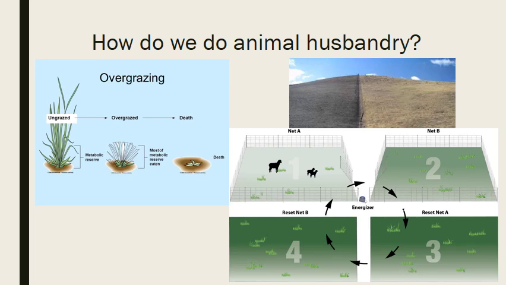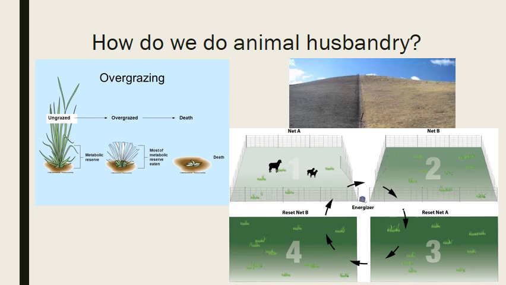When we look at raising animals such as cattle and horses in these areas, our big problem that we have to worry about is overgrazing. And what happens in overgrazing is when the animals eat too much of the grass, or the clover, or the alfalfa, the grass is not able to grow back and replace itself.